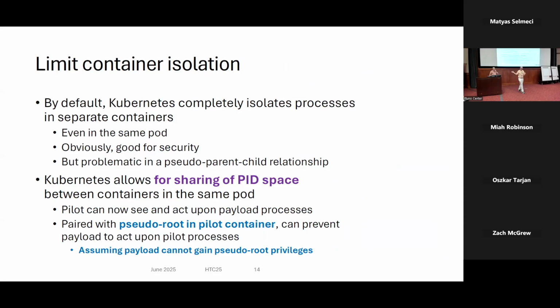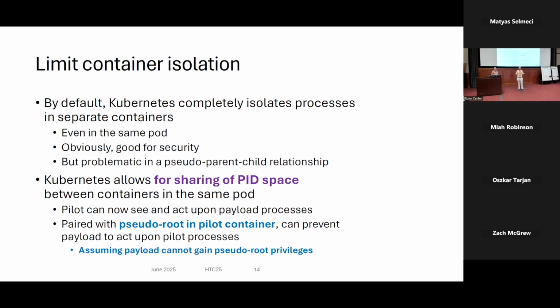Now, as Jamie said, the pilot wants to monitor what's going on in the payload container. And by default, you can't, because one of the principles of containers is we isolate you from the rest. So since we are in two different containers, normally you cannot look at each other.